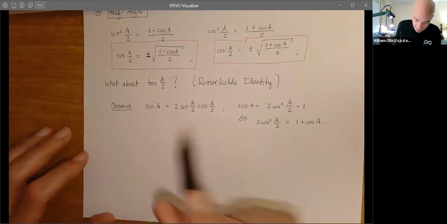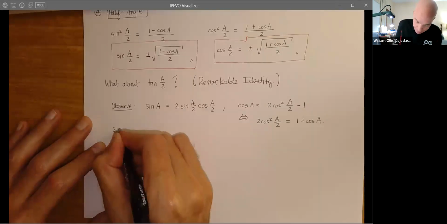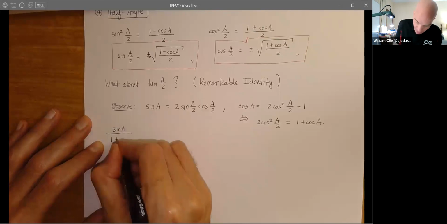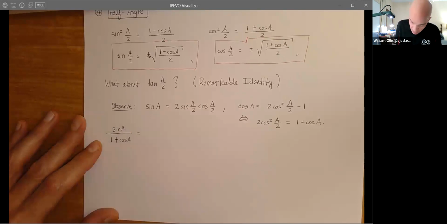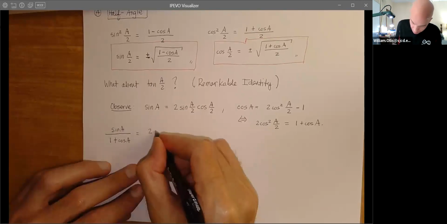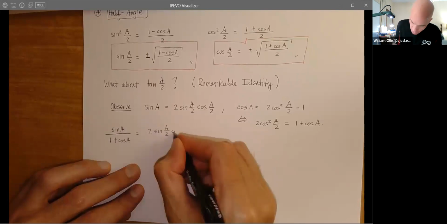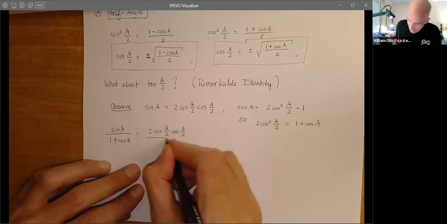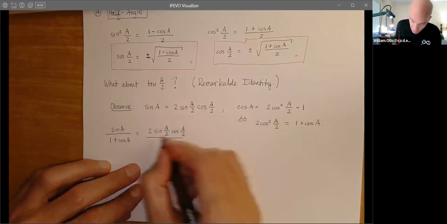So note, sine A divided by 1 plus cosine A will now be this, 2. I told you it was a little bit different. I had to work to get this. Sine A over 2, cosine A over 2. And now just go ahead and break this up into 2 copies of cosine A over 2.